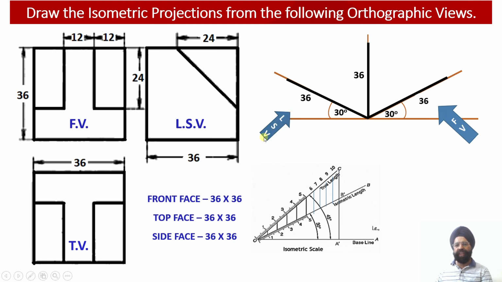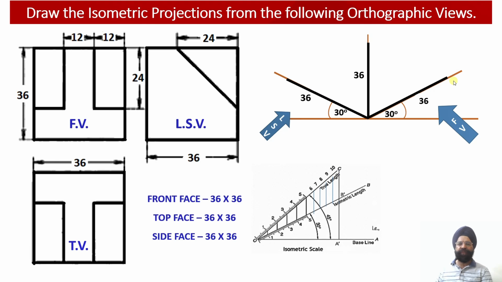Now if we have drawn the left side over here, the front view will be drawn along the YZ plane. So this is the Y axis and this is the Z axis. So along the YZ plane we are going to draw the front view. The length of the solid will be drawn along the Z axis and the height of the solid will be plotted along the Y axis. Whereas the top face or the bottom face will be drawn along the XZ plane. So along the XZ plane we are going to draw the top face or the bottom face of this particular solid.